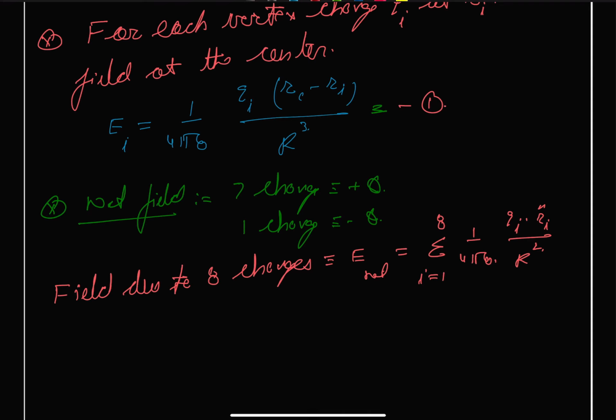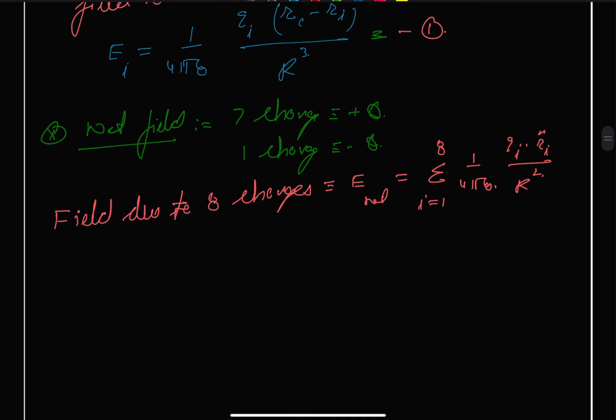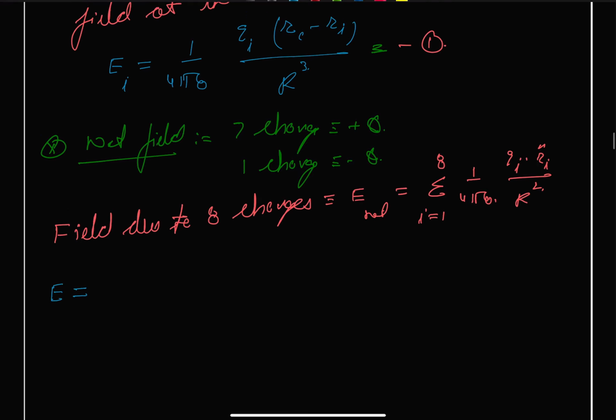Therefore, we can just elaborate the formula, and so we can further write this as the electric field equal to total charge Q divided by 4 pi epsilon naught R square, times the summation of I from 1 to 7 of the R I unit vector minus our R naught unit vector.